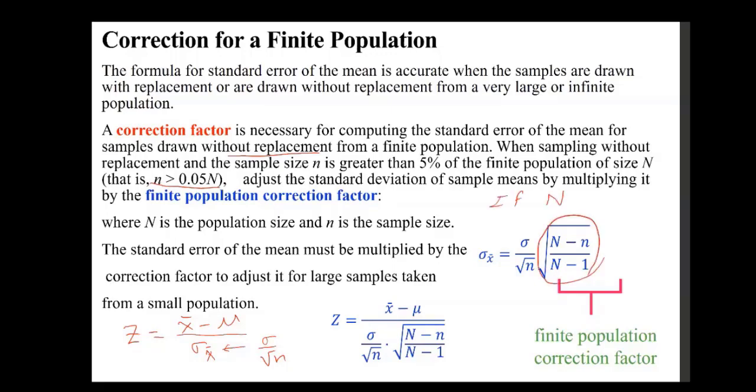If N is larger than n by a huge amount, then this will go to 1. And that's the idea. So if capital N is really, really larger than n, then capital N minus n and capital N minus 1 make no difference. They're almost the same.